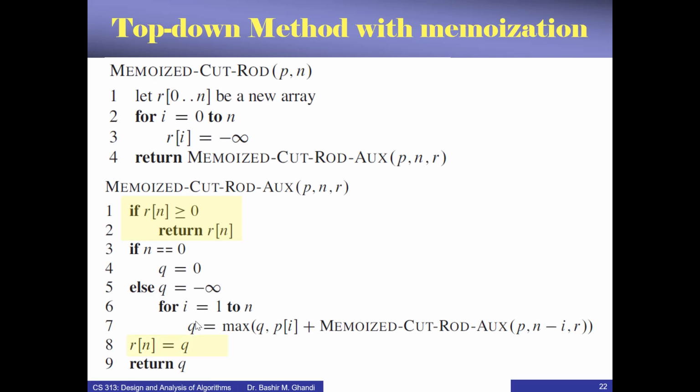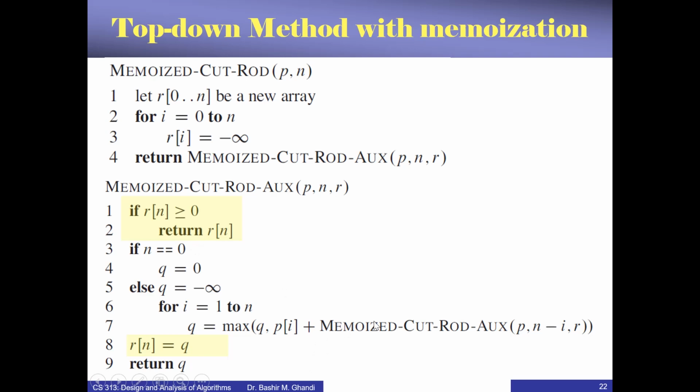However, we notice here that in making this recursive call with n minus i, as I mentioned earlier, it will check first if a value for that particular n is there. It doesn't need to do a recursive call, it will just return it.